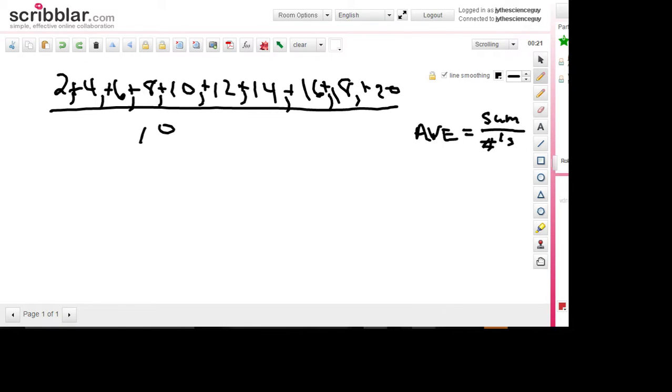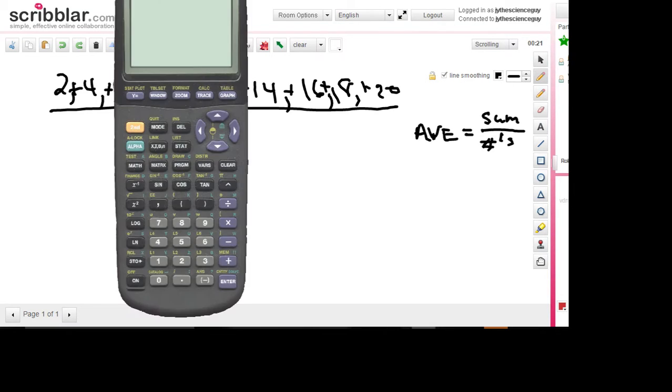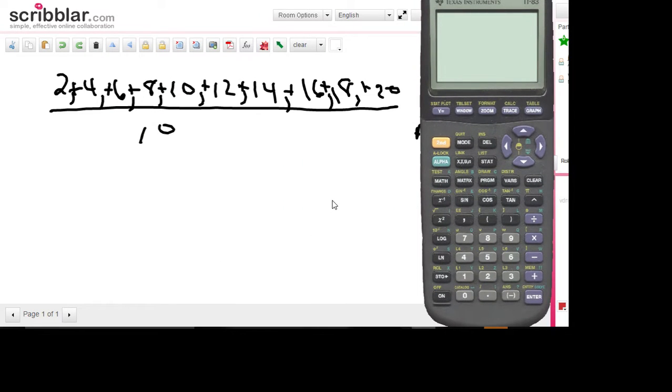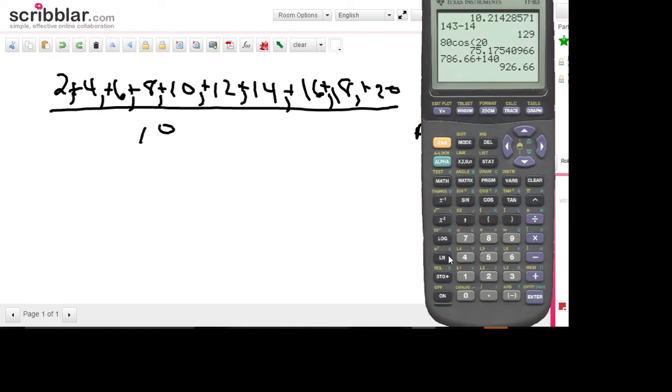So I can do that on my calculator. Hold on one second. I believe I get 110 when I add all of them up. So 2 plus 4 plus 6 plus 8 plus 10 plus 12 plus 14 plus 16 plus 18 plus 20.